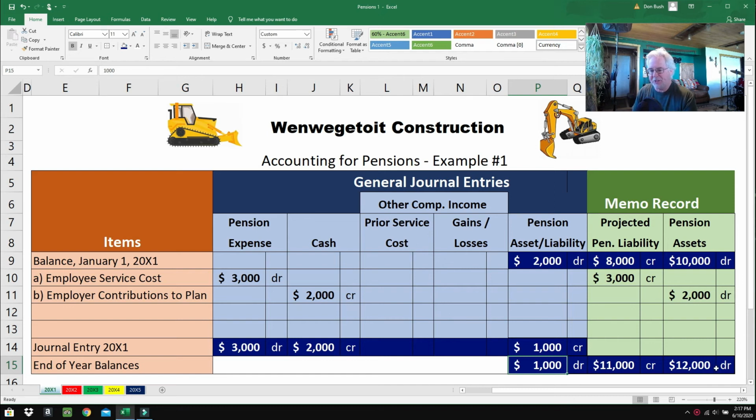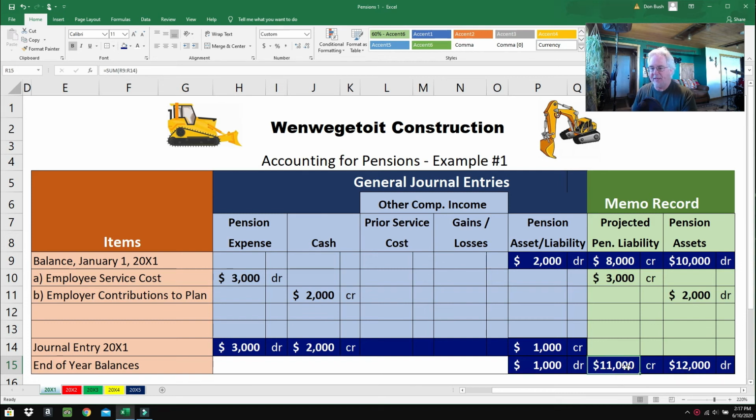Now to make sure this all works, here's what you've got to do. Again, for about the fourth time, this is a representation of the pension fund, not the contributor. They've got $12,000 of pension assets that are probably investments, stocks and bonds. And they've got a projected liability of $11,000 credit.